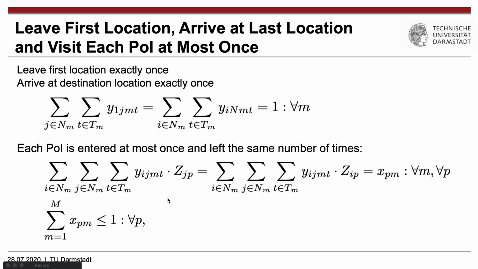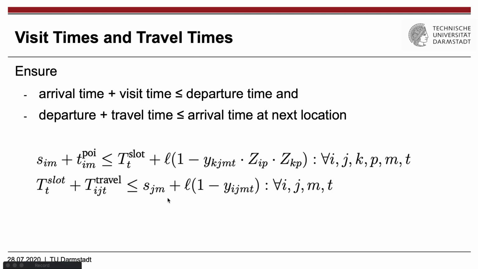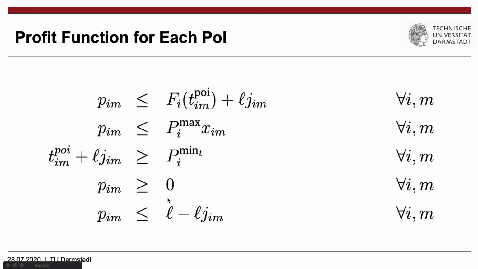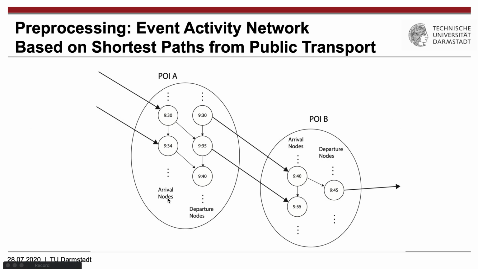And for each POI we have at most one visit, and we leave the POI exactly the same time as we enter it. We need to respect the maximum tour length and the minimum walking time between locations, and we need to ensure the visit times and travel times. And this is how we model the piecewise linear profit function. And of course the opening times need to be respected as well.